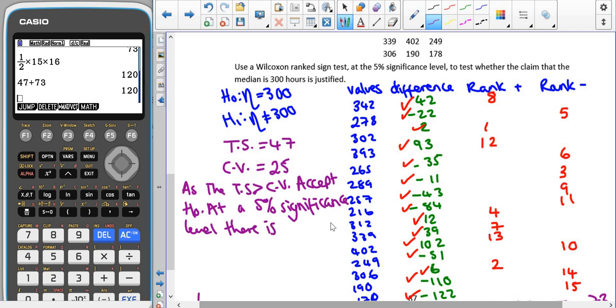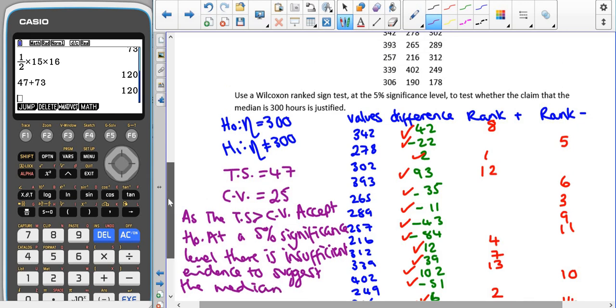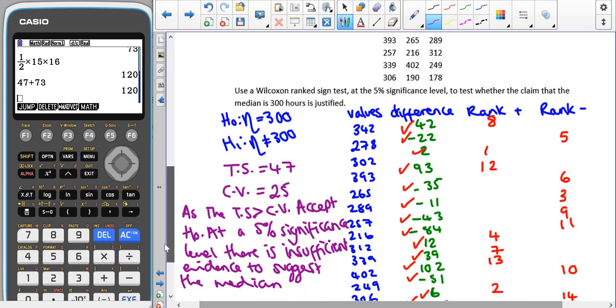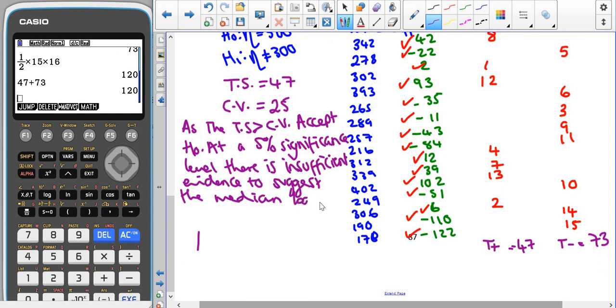There is insufficient evidence to suggest the median, and this is battery lifetime, is not 300 hours.